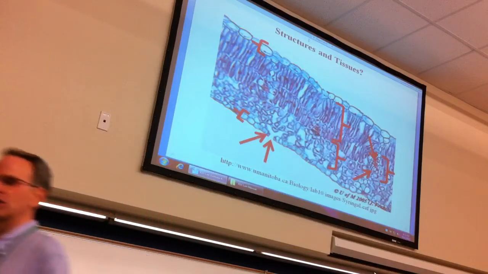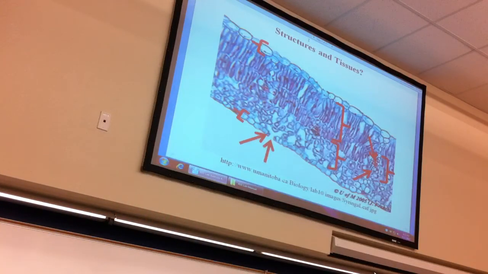And the best way to understand it is with a model over here. This is to help you to visualize these things so you don't have to memorize them. It should make sense. If you realize, we covered earlier, that within the stem, if you find the xylem, you go to the outside to find the phloem.